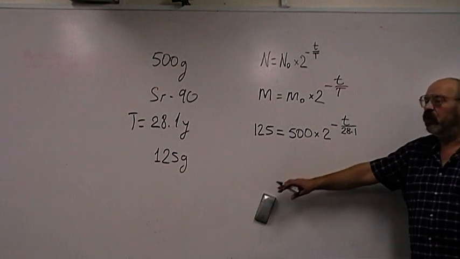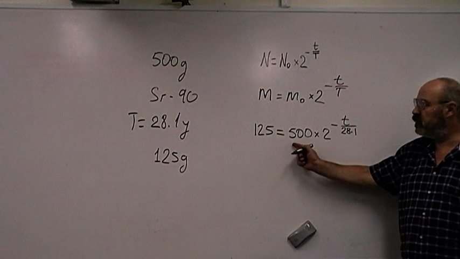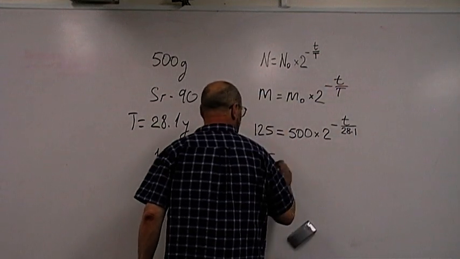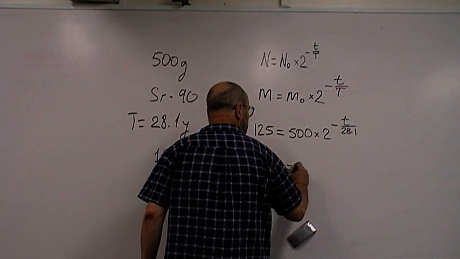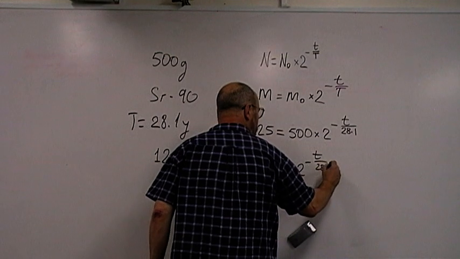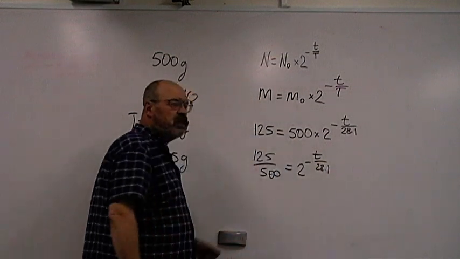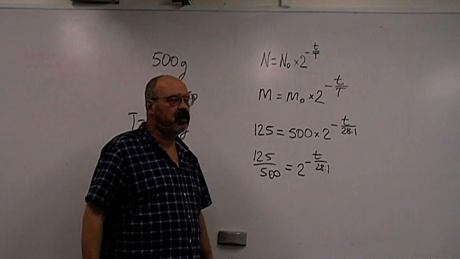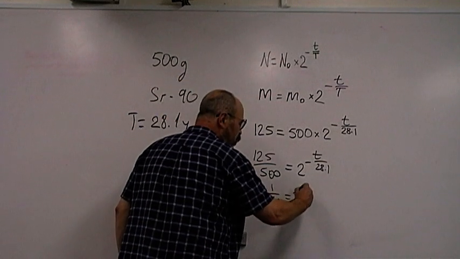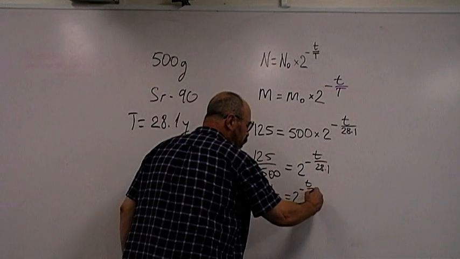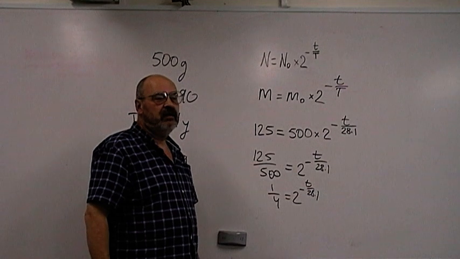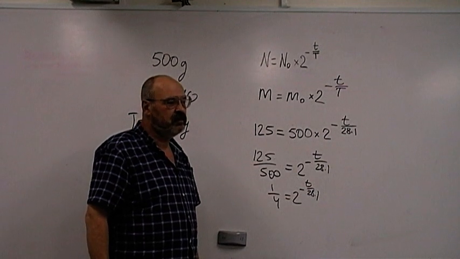Now we divide both sides by 500. 125 divided by 500 equals 2 to the negative t over 28.1. 125 divided by 500 is 1/4. So 1/4 equals 2 to the power negative t over 28.1. 1/4 is 2 to which power? 2 to the power of negative 2.